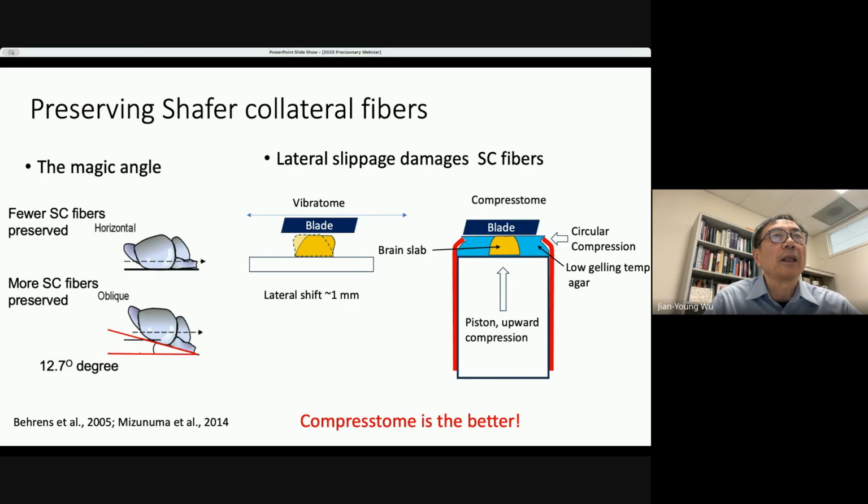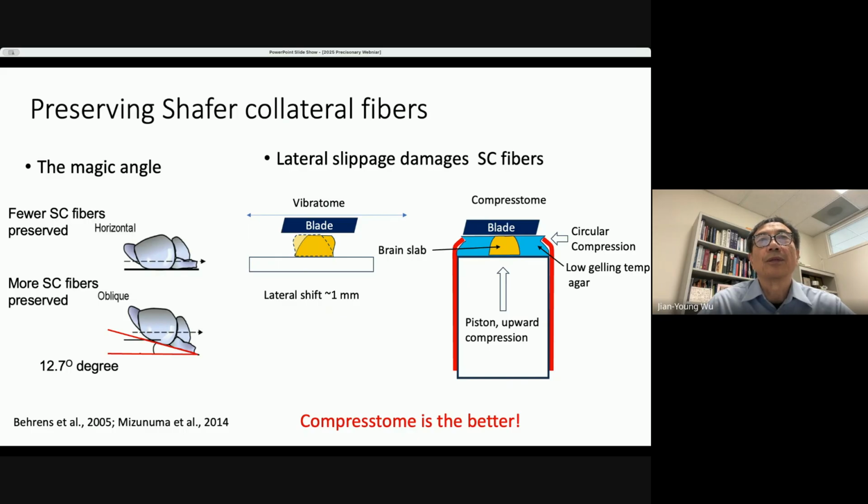Basically, you have a rostral high angle of 12.7 degrees, which is more parallel to the Schaffer collateral fibers in the hippocampal slices. Therefore, you can preserve more. You also want a relatively thicker brain slice.